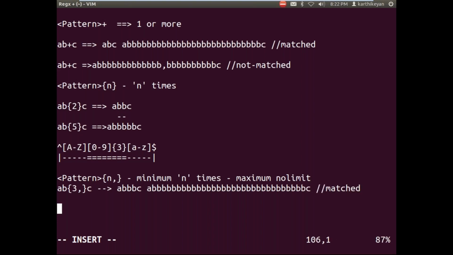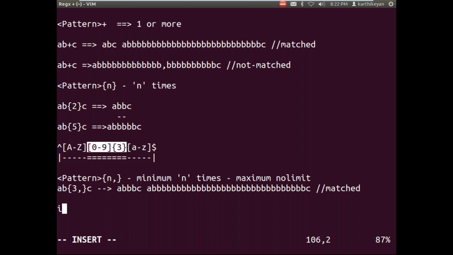In the above example, A hyphen Z and 0 hyphen 9, only 0 to 9 will repeat three times, not A to Z. We can follow this formula: the nearest character or number before the curly braces is what gets repeated, not the first one, not the last one.